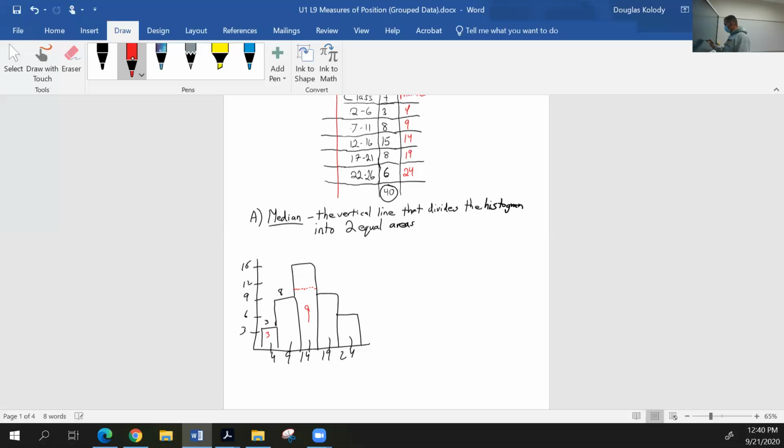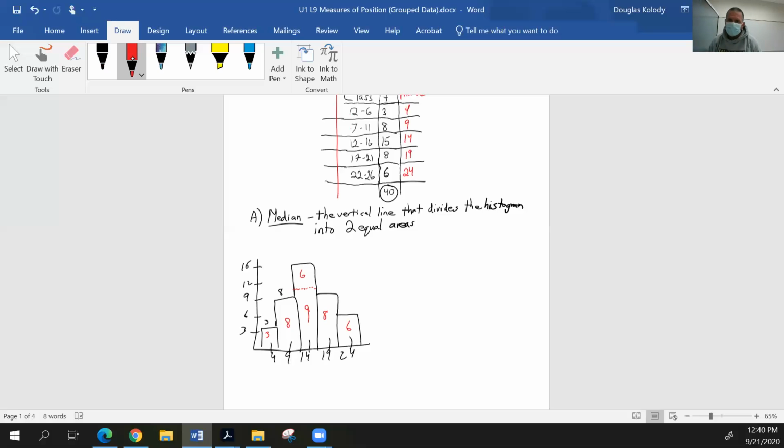I've got 3 here, I've got 8 here. 8 plus 9 is 17, plus 3 is 20. Perfect. That's 20 there. I just found my median. And then there are 15 pieces of data, so that's 6 other numbers right here, and then 8 and 6. 6 plus 8 plus 6 also equals 20. Woohoo! I found the median.